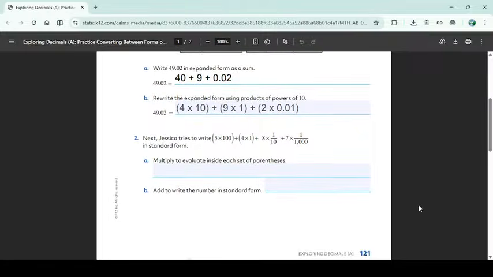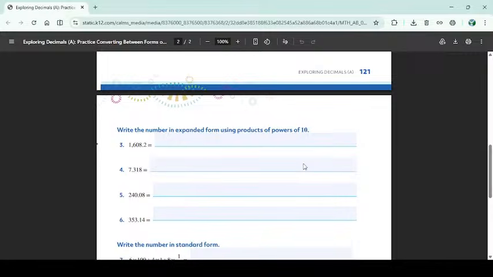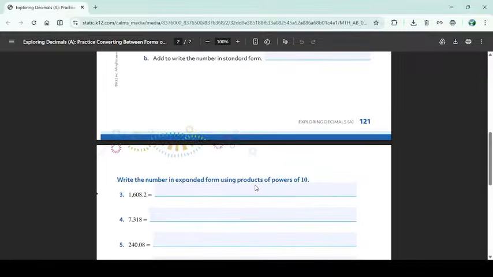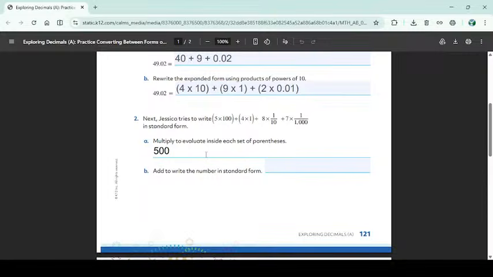Okay. 500 plus, oops. Okay. 500 plus 4 plus, let me write that as a decimal. 0.8 plus 0.007.